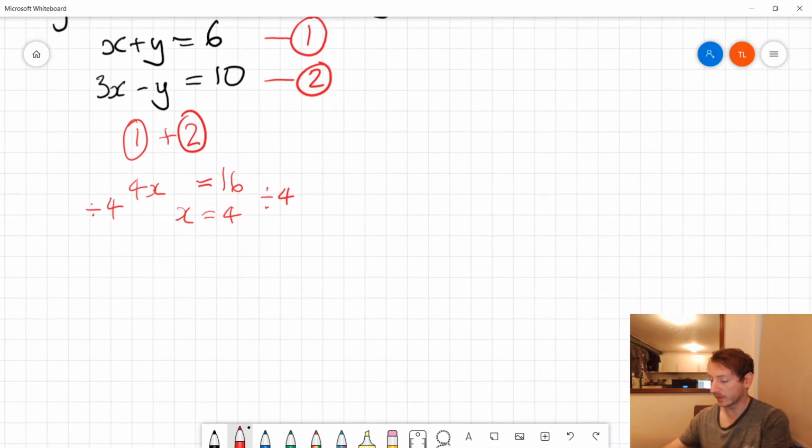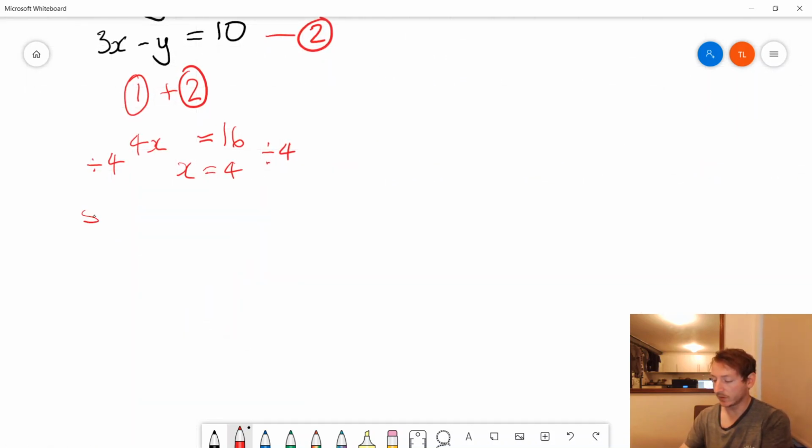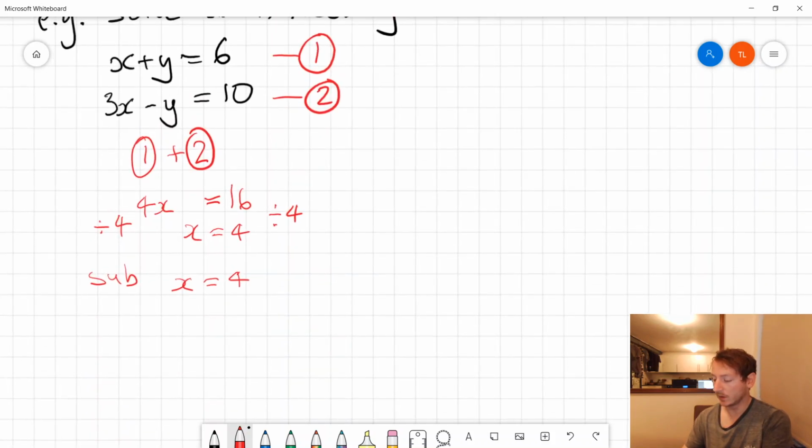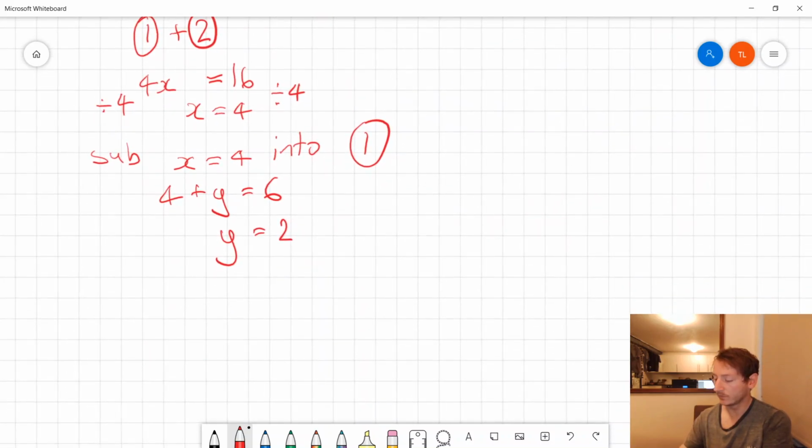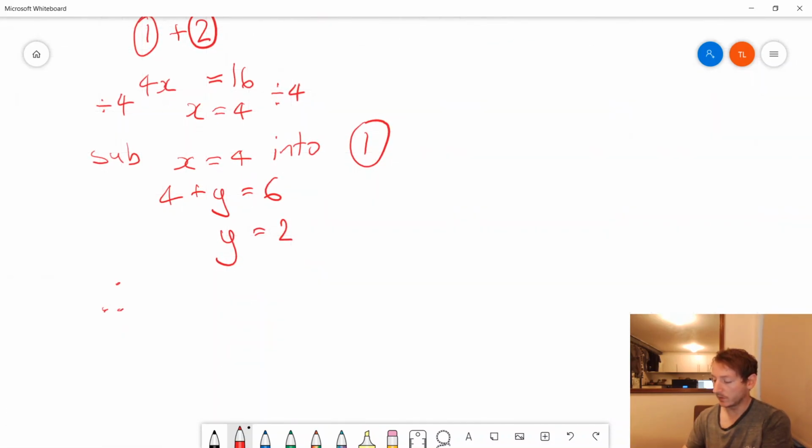And then we proceed exactly how we did before. So sub x equals 4 into 1 because it's a simpler equation. 4 plus y equals 6, so y equals 2. Therefore, x equals 4, y equals 2.